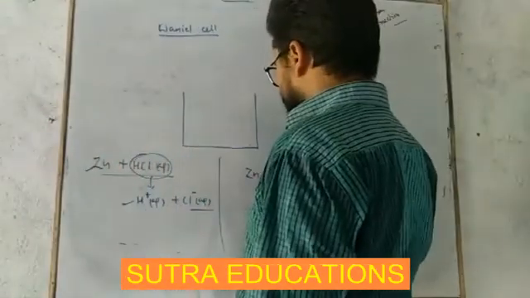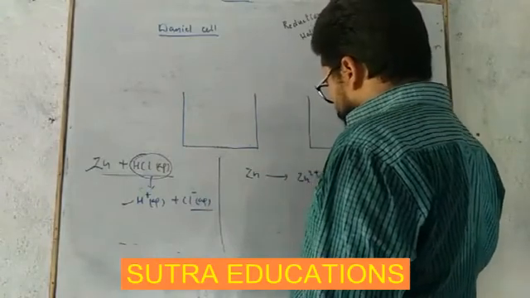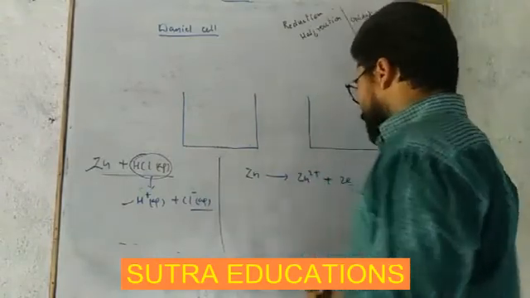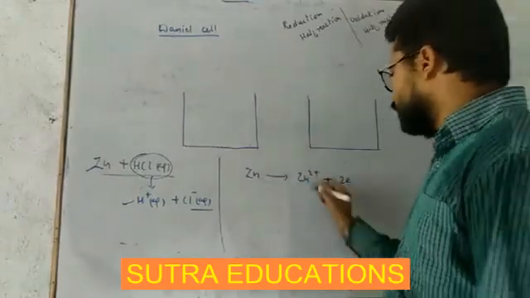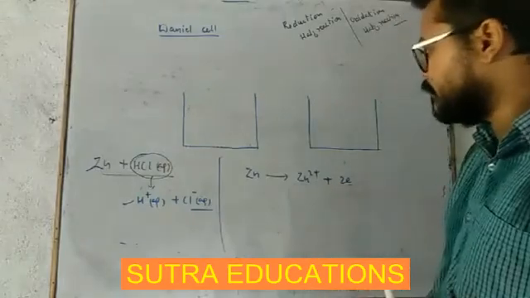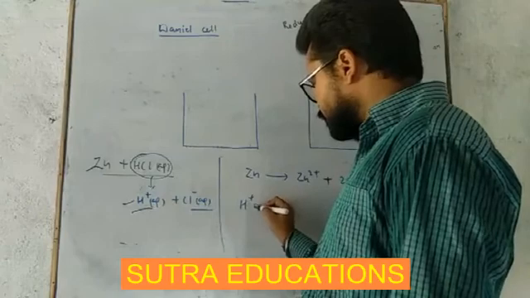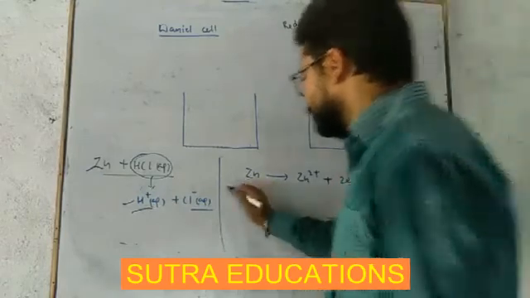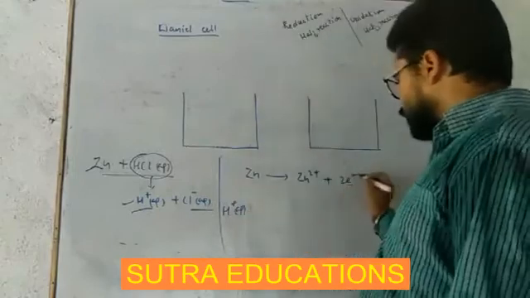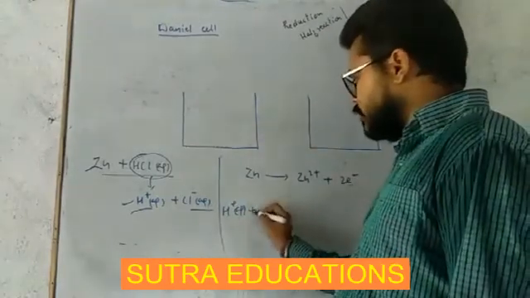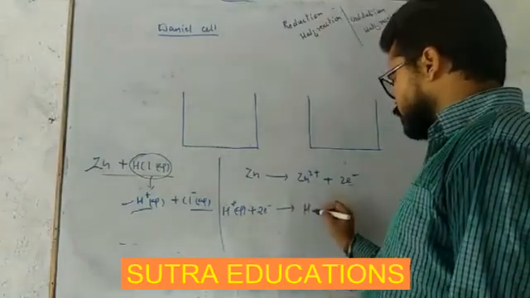Zn loses 2 electrons to form a Zn2+ ion, and this H+ aqueous accepts these 2 electrons released by Zn to form H2 gas.